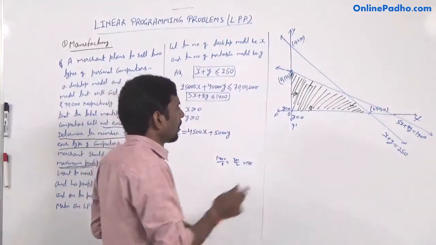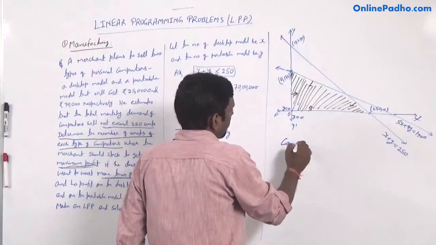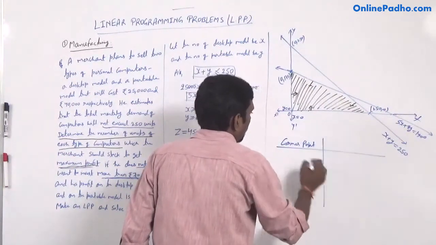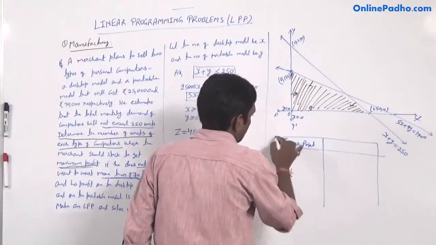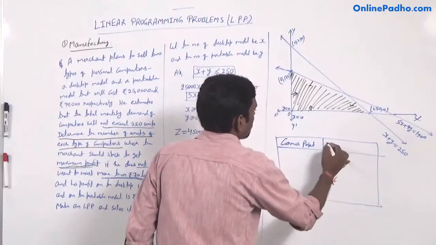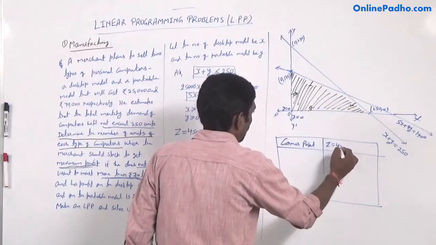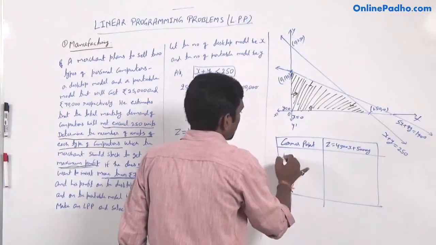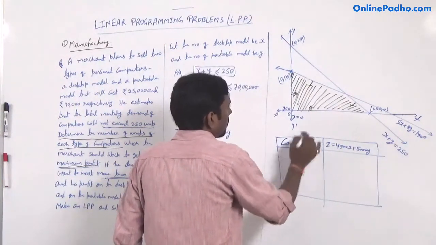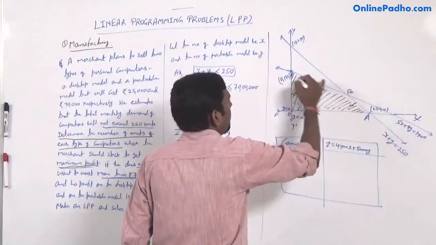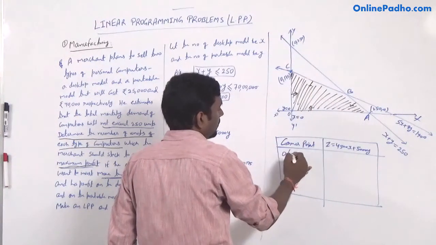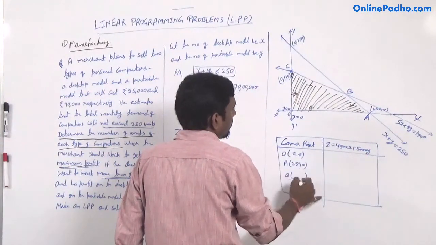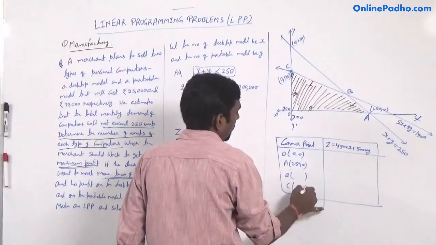Now we have to draw the corner point table, with Z equal to 4500X plus 5000Y. You can see the corner points O, A, B and C. You can write O as 0, 0, A as 250, 0, and C as 0, 175.